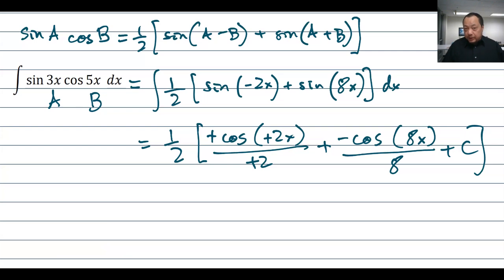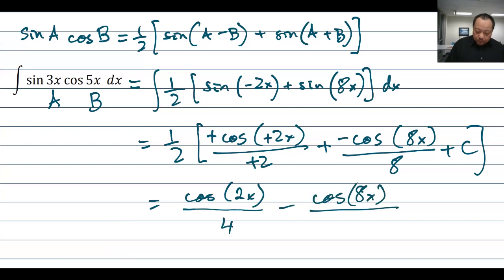Now it's just simplification in terms of algebra. I have cosine of 2x. All right, the last thing I want to talk about is, you may be wondering why I'm not writing 1/2 c. Because c is an arbitrary constant.